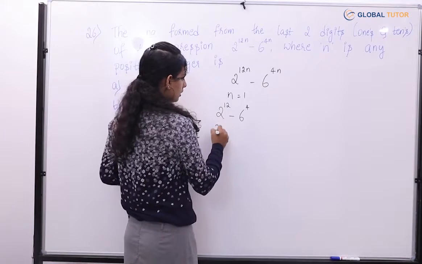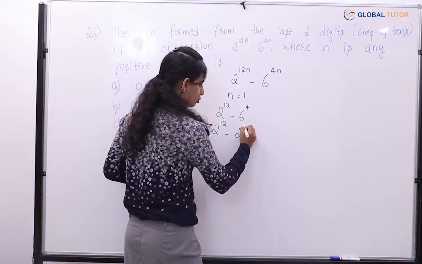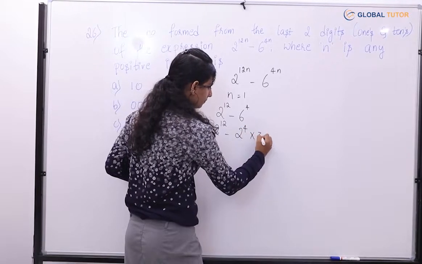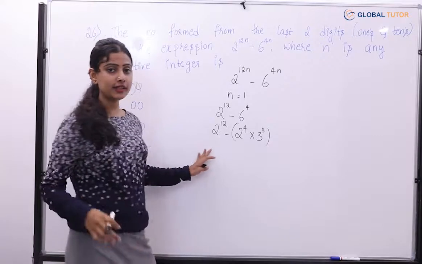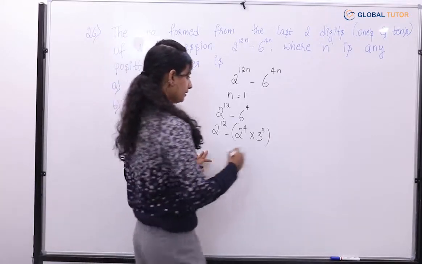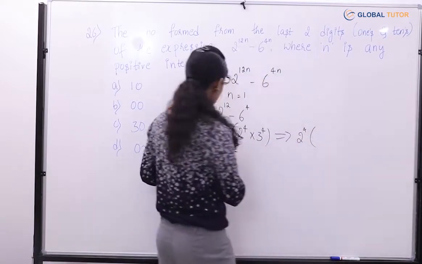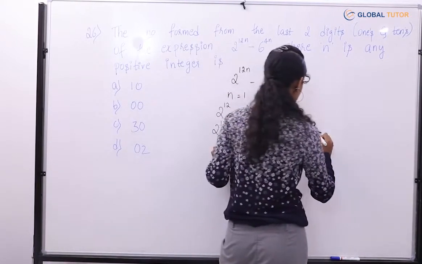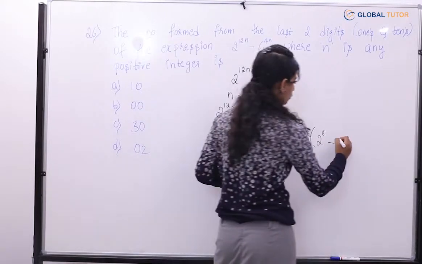Now 6 power 4 can be written as 2 power 4 into 3 power 4. Correct? So here we shall take 2 power 4 as common. And then we are left with 2 power 8 minus 3 power 4.